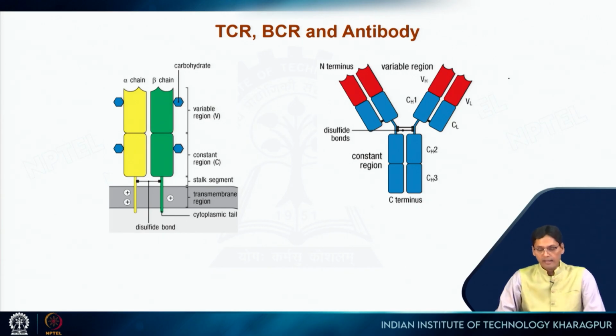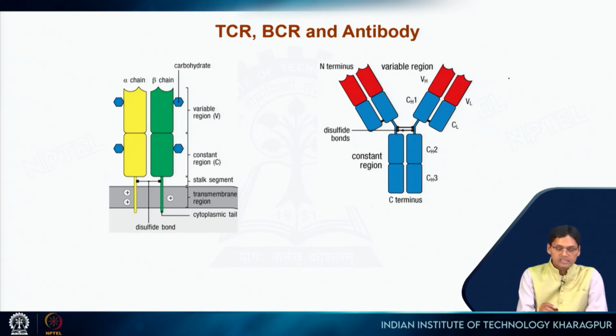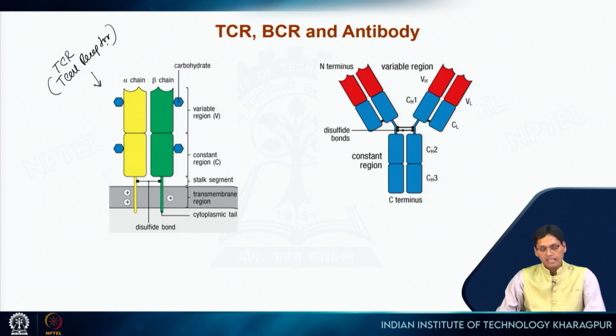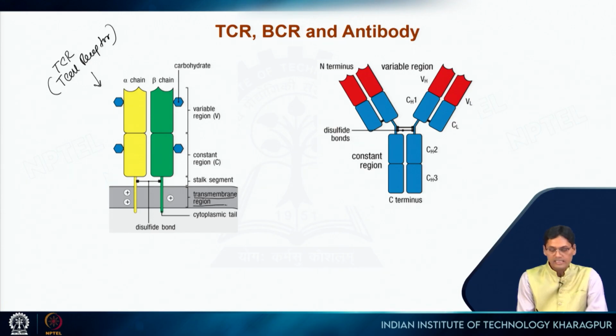Here in this panel, this is our TCR, or I would say T cell receptor. And as you can see, this is the membrane, the transmembrane region, that's why we are mentioning it.